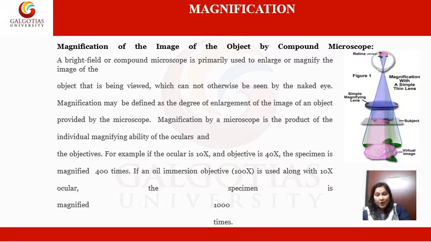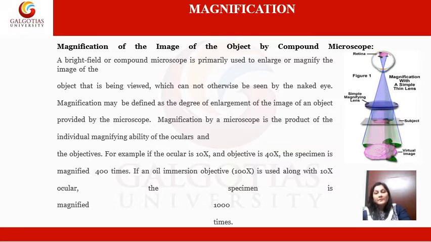Suppose the object that is under study is 1 micrometer in size. Okay, and the ocular lens has the capability to magnify the image of the object by 10 times. It means if the object is 1 micrometer, the ocular will magnify it up to 10 micrometer.